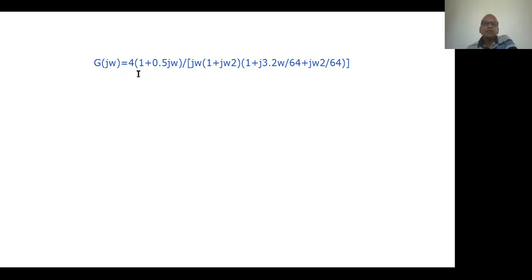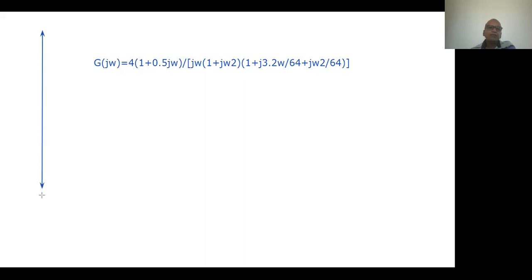I say there is a 4 divided by the j omega. If you consider 4 divided by the j omega, then the frequency function factor is equal to 4. If you consider the individual frequency function factors, then 2 factors in the numerator and then 3 factors in the denominator.